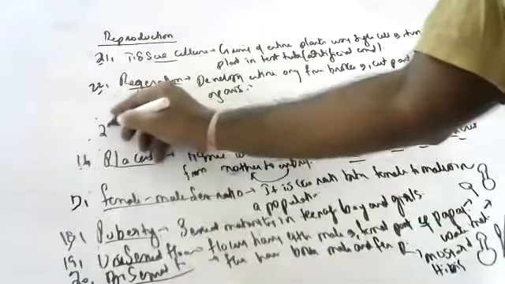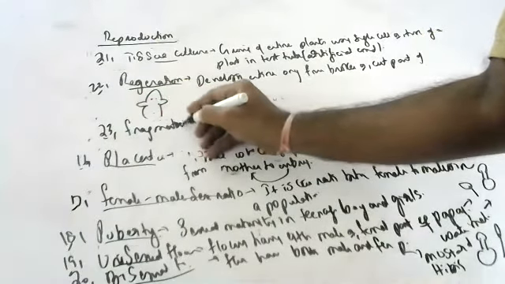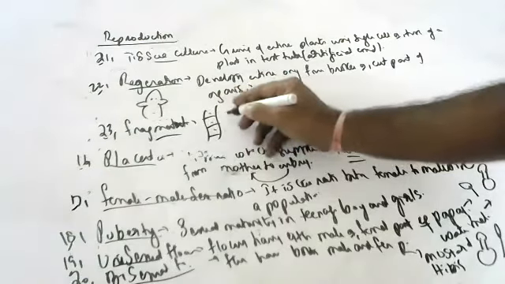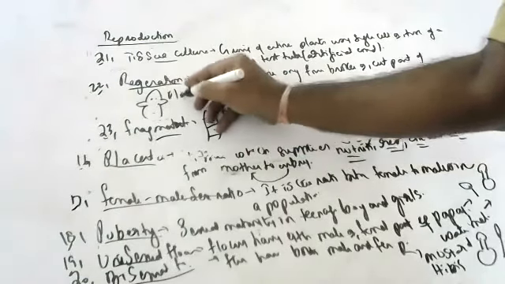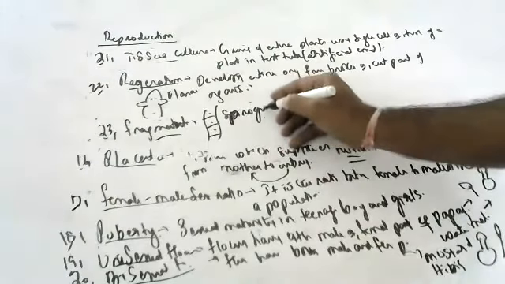Next, fragmentation. If fragmentation is coming, children, you compulsorily have to draw the spirogyra diagram, otherwise I won't give marks. Compulsorily you should draw it small.